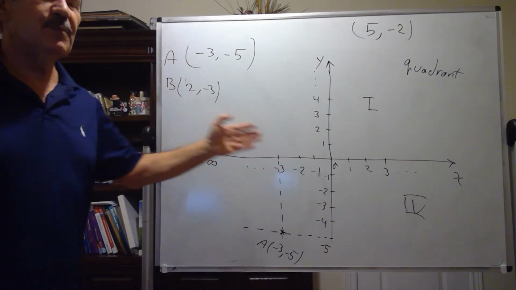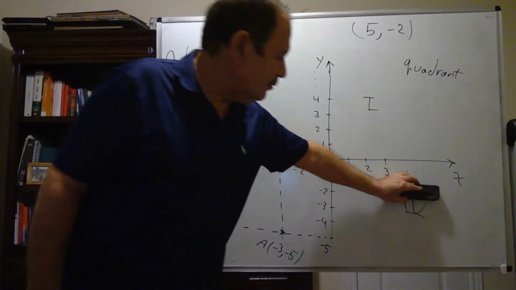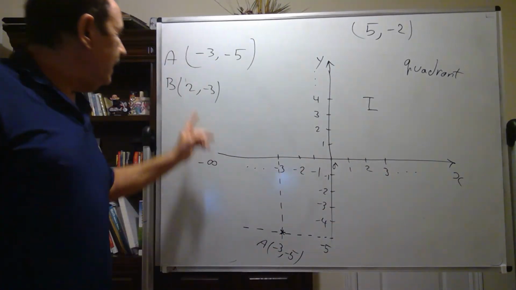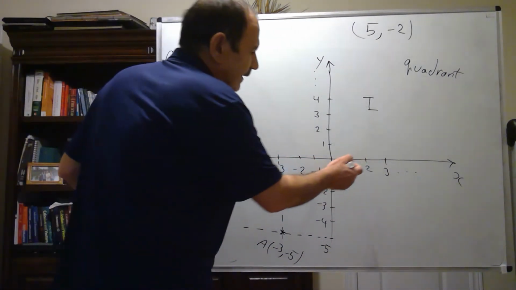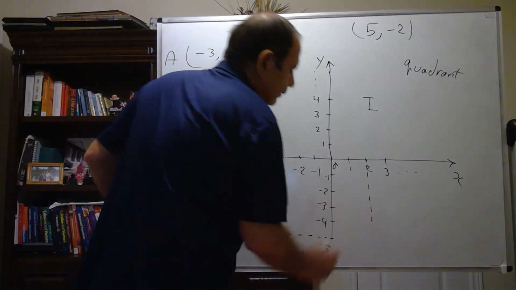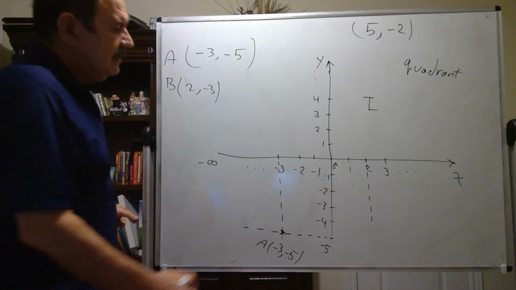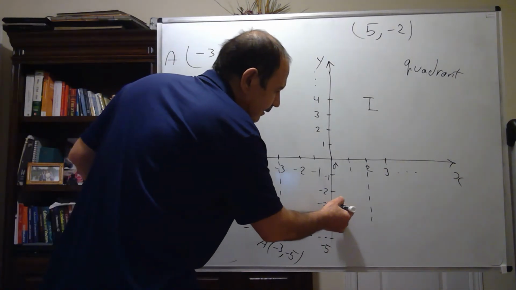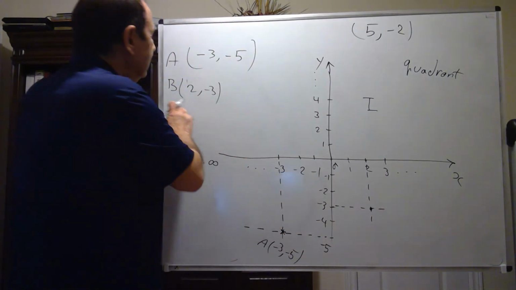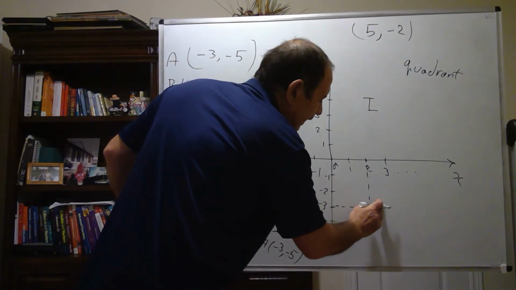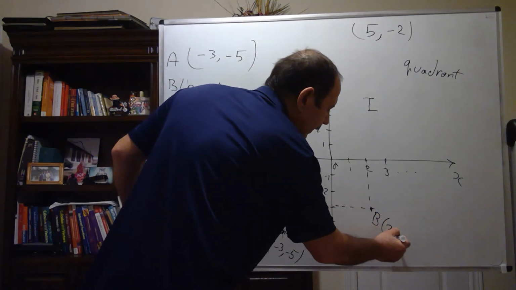From point 2 on the x-axis, draw a vertical line downward, and from y -3, draw a horizontal line. The intersection of these two dotted lines is going to be the location of point B with the coordinate of 2 and -3.